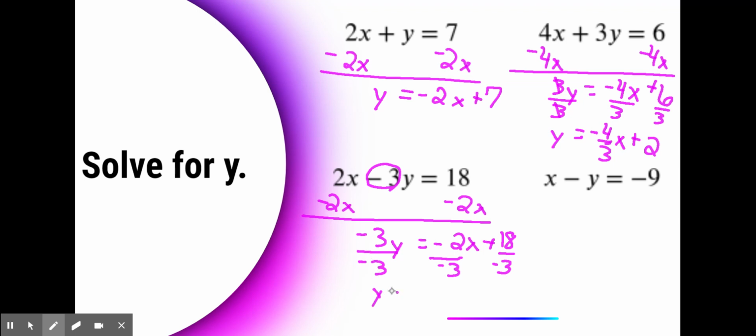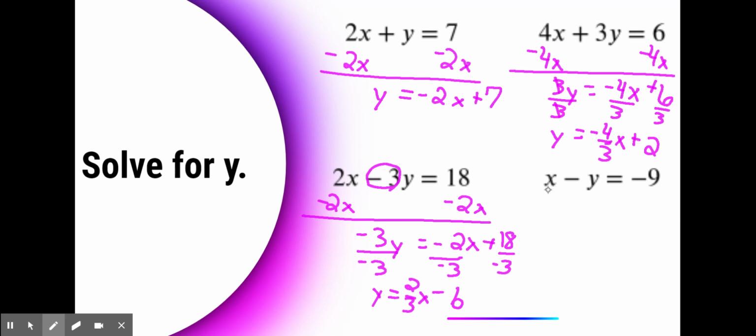So y equals, this is a negative 2 over a negative 3. What happens with a negative divided by a negative? That becomes a positive 2/3 x, just leave it as a fraction, and then 18 divided by negative 3 is negative 6. So I end up with y equals 2/3 x minus 6.